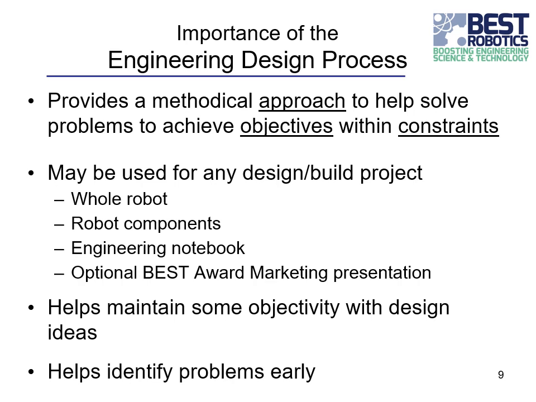So this process helps you, instead of just getting out and cutting wood and plywood and PVC and writing some code and putting something together without any objectivity of what you are trying to achieve and what your constraints are, which makes it very difficult.